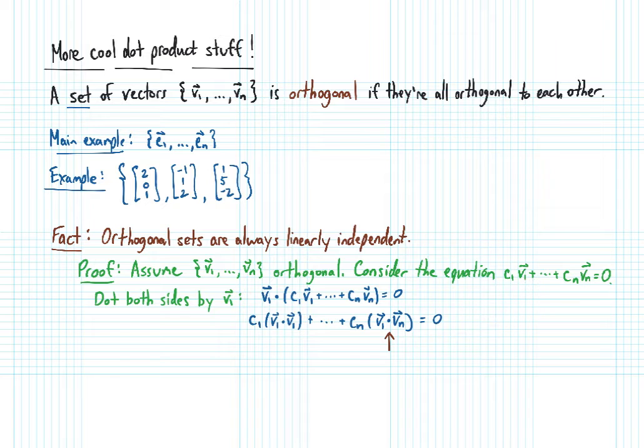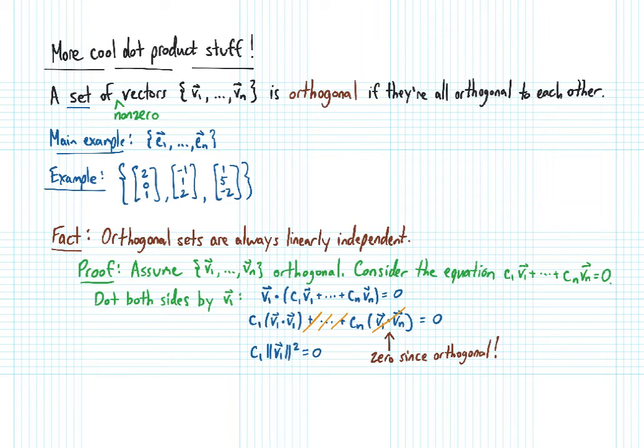For example, this last term, which is actually written out, has v1 dot vn. But then that's going to be 0 because the vectors are orthogonal. And so because of that, all of the terms except for that first term are 0. And then the first term has v1 dot v1, which is the length of v1 squared.